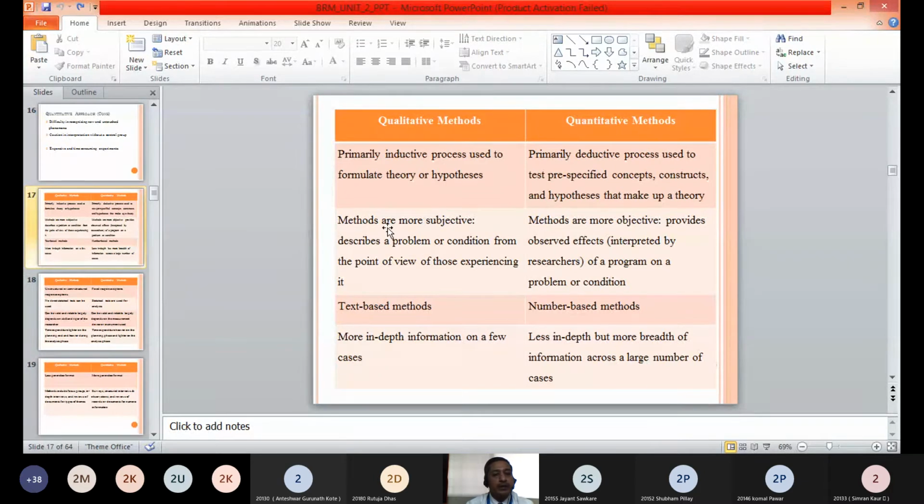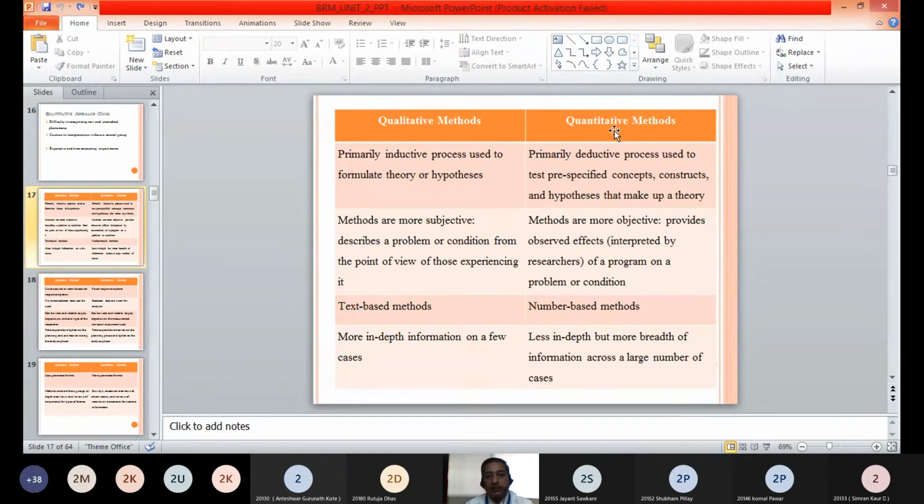These methods are more subjective in nature, because they give a description of a particular situation or problem from those who are actually experiencing it.